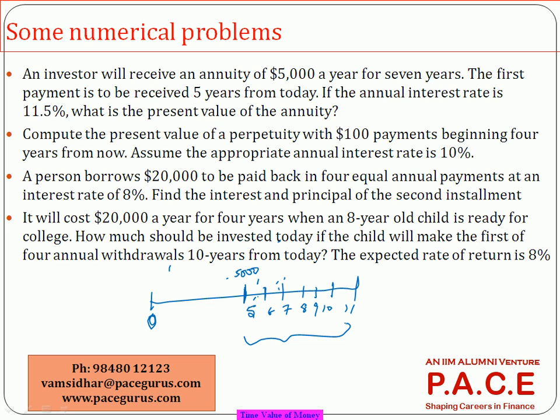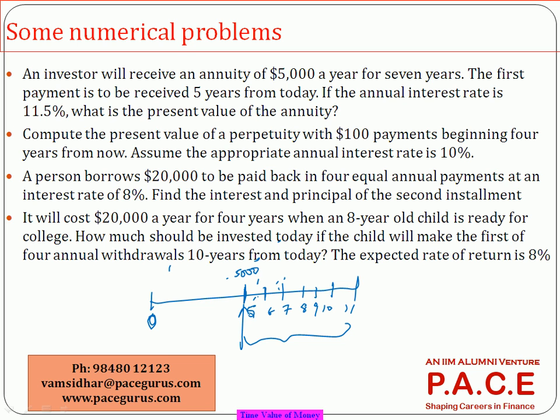Are you receiving at the beginning of the period or at the end of the period? When you shift yourself to the 5th year, you are getting your first payment on that day itself, right? So it's at the beginning of the period.